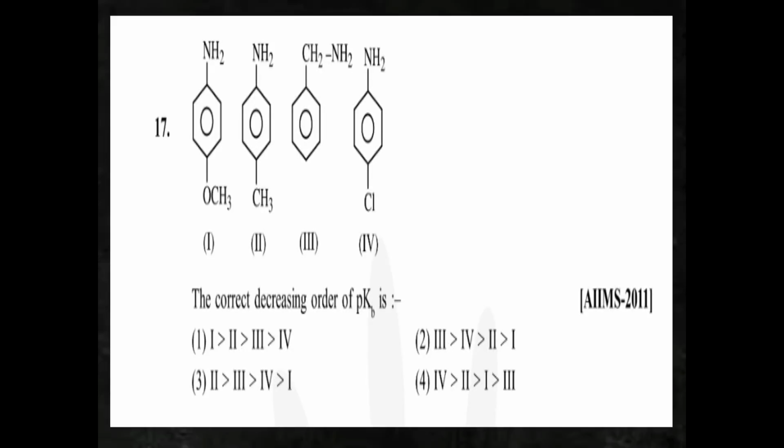In this equation, you have to find the correct decreasing order of pKa. And the correct option is option 4.